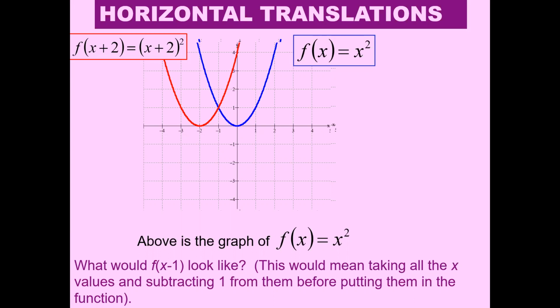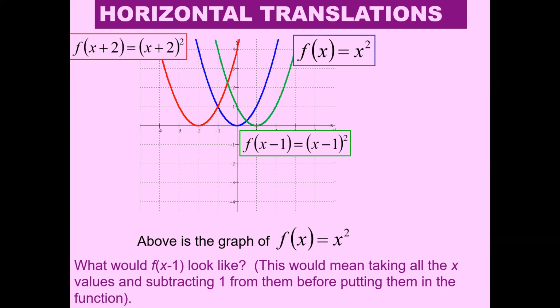Let's go ahead and see what will happen when I take away 1. You can try any x, but you will see that it will be the green color graph. And you can see the reason why we're taking away 1.